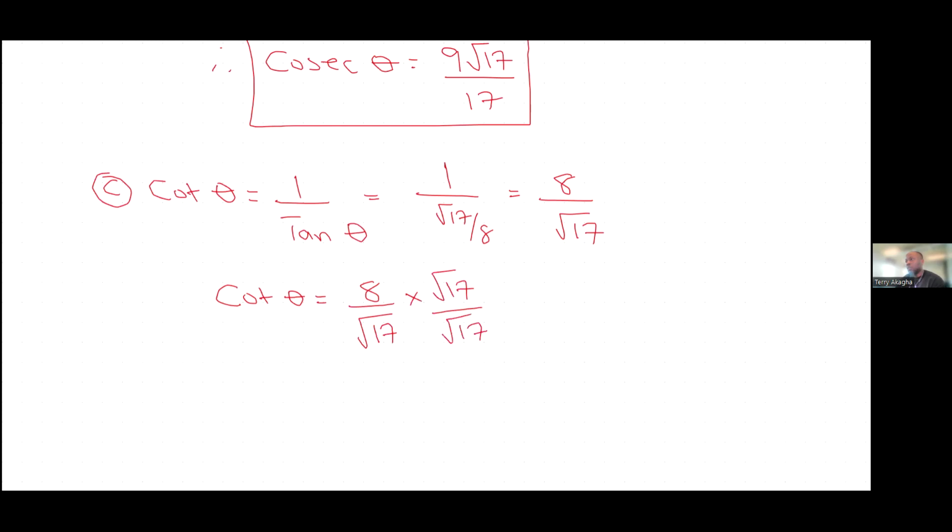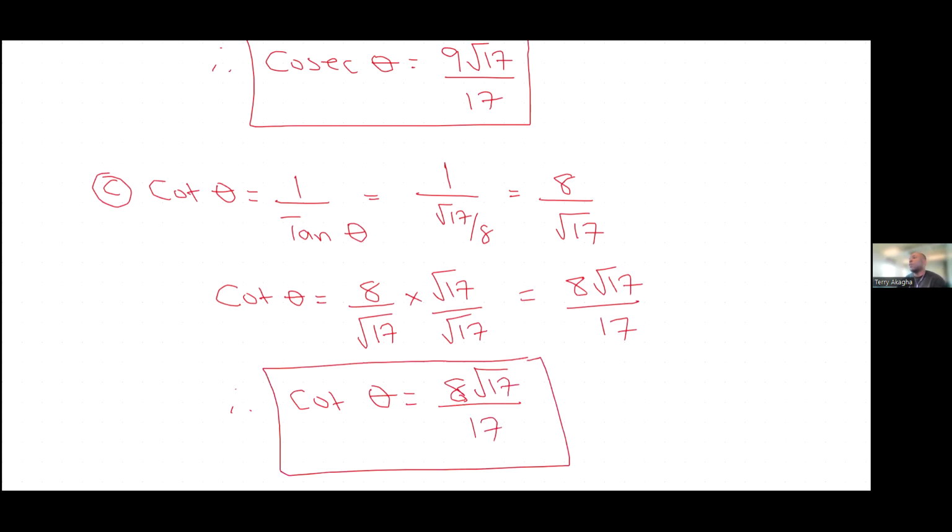And this will give you 8 root 17 divided by 17. So therefore, cot theta will be 8 root 17 divided by 17, and that will be the answer for that.